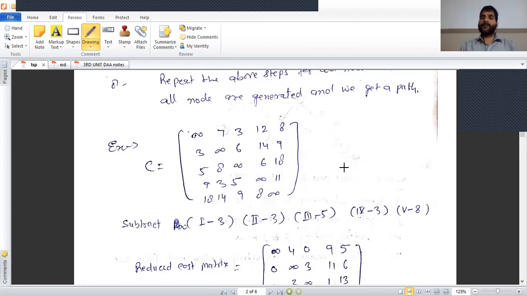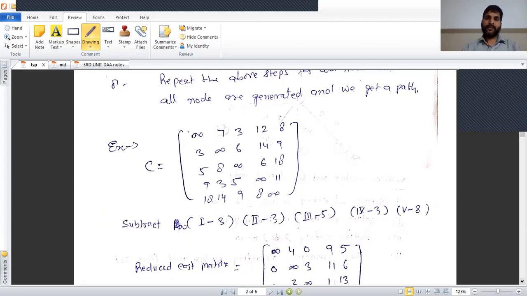For the condition of the reduced matrix, each row and column must contain at least one zero. So here we subtract 3 from the first row, 3 from the second row, 5 from the third row, 3 from the fourth row, and 8 from the fifth row.